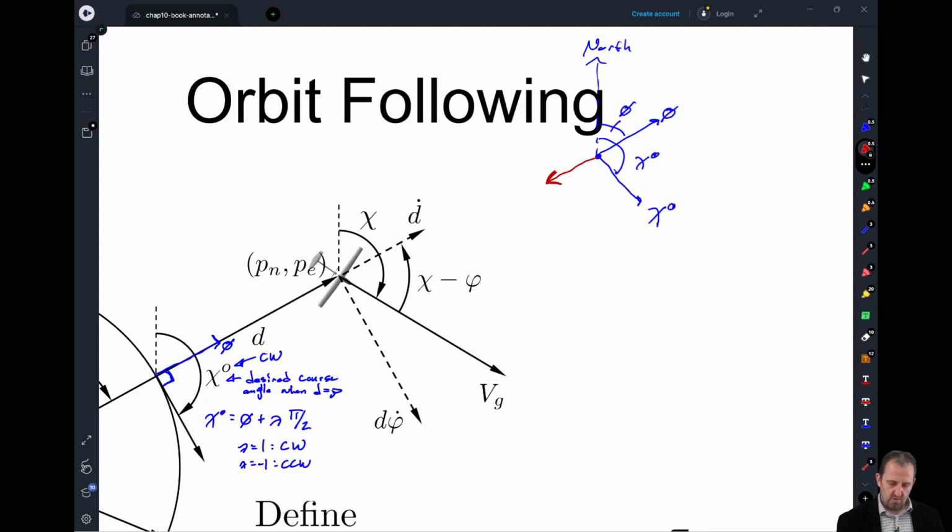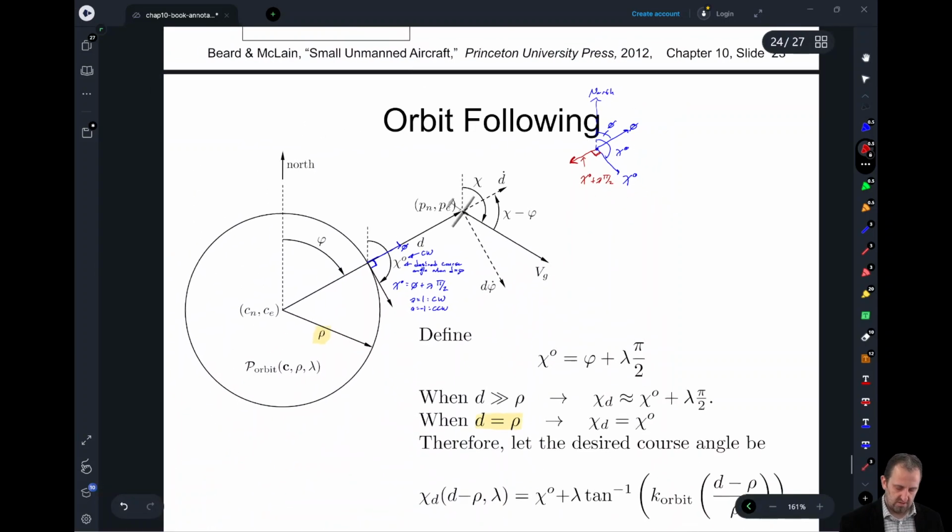So this angle would be chi naught plus another pi halves, lambda times pi halves, because if we were pointing in the other direction, we'd want to do another minus pi halves. That will move us directly towards the center. So that's what's written here.